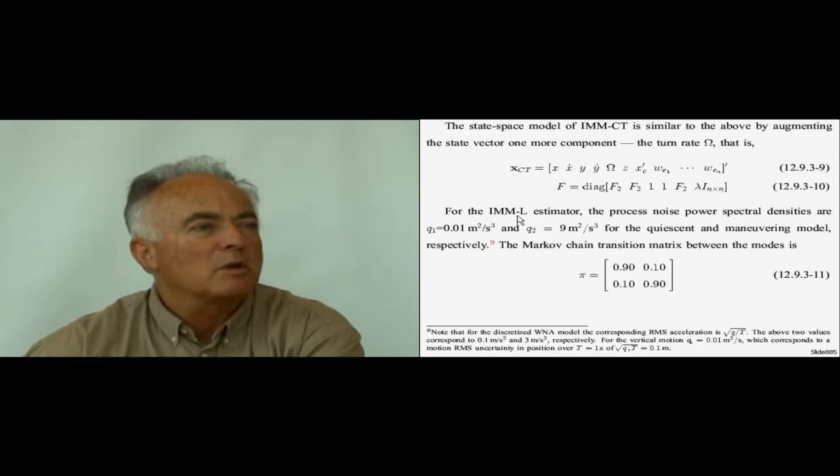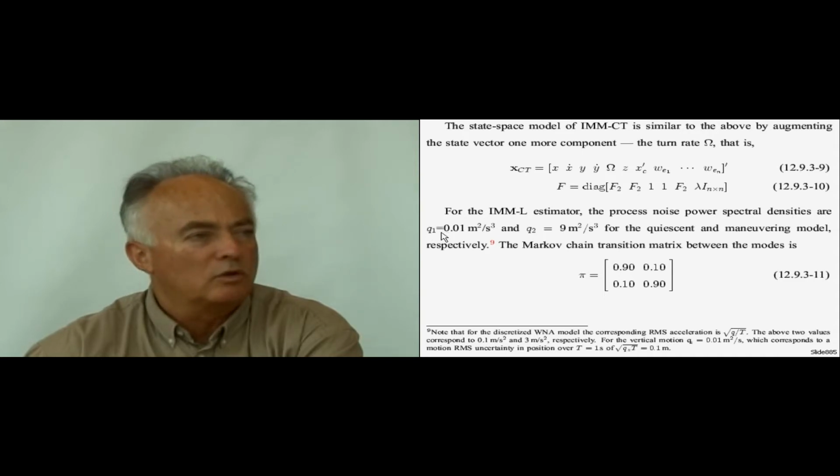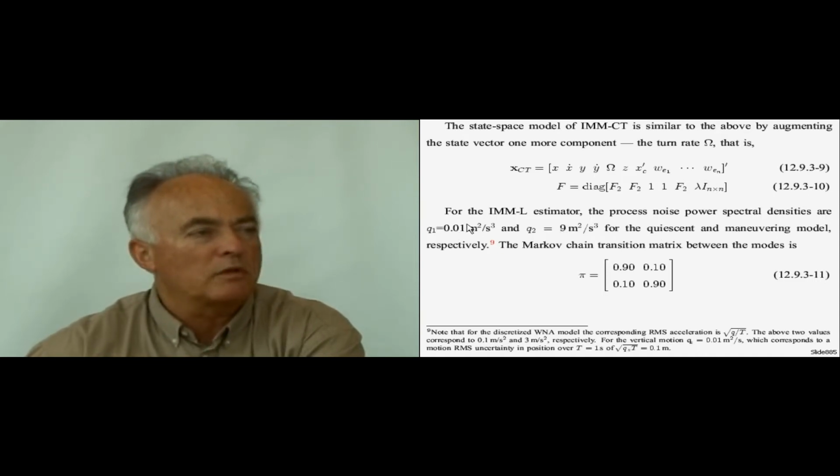The IMM-L estimator used a process noise power spectral density Q1 for the low noise model, 0.01 meters square per second cube, and Q2 9 meters square per second cube. This is the quiescent and maneuvering model, low noise, high noise, and you can see there's a big difference, and it can be related that these models correspond, the RMS accelerations are of the order of the square root of q divided by t, so that's about 0.1 meter per second squared.